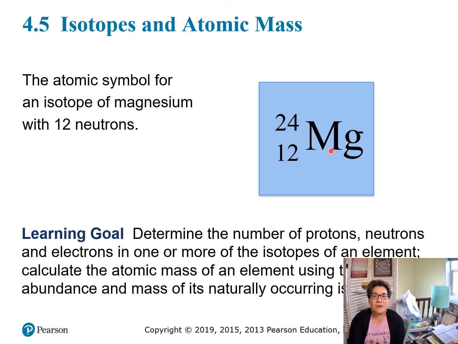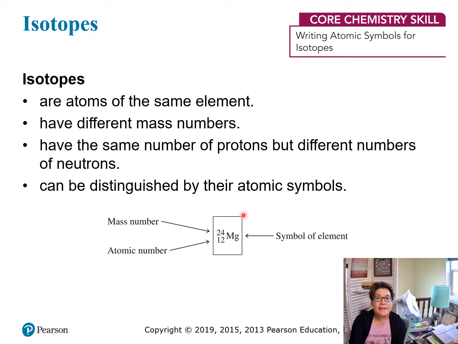So that's what we're looking at in this section. This is an example here. This is magnesium. It has an atomic number of 12 and an atomic mass of 24. So that's what those two numbers are, and this is how we write them. So let's first look at what an isotope is. An isotope is an atom that has the same number of protons, but a different number of neutrons than the one that's put on the periodic table.